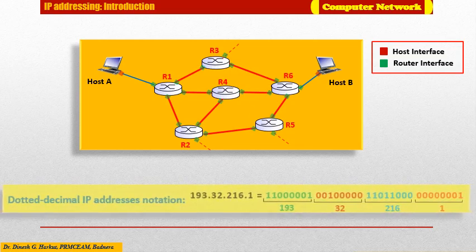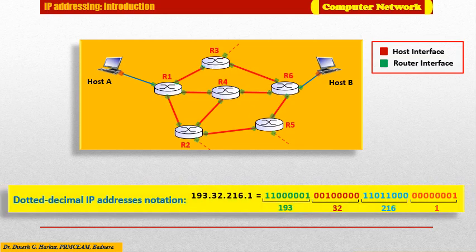These addresses are typically written in so-called dotted decimal notation, in which each byte of the address is written in its decimal form and is separated by a period, that is a dot, from the other bytes in the address.